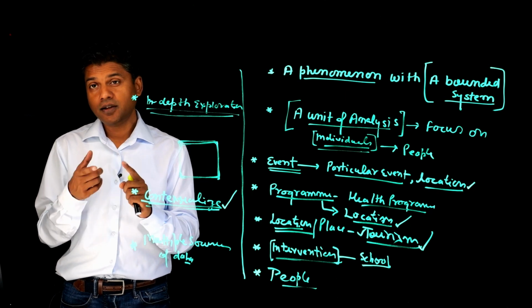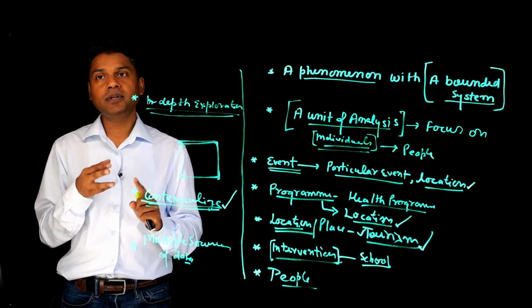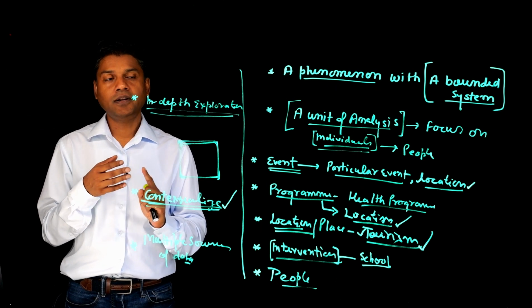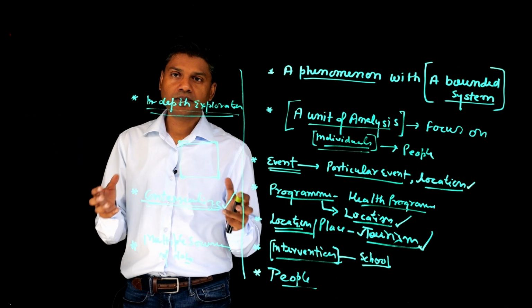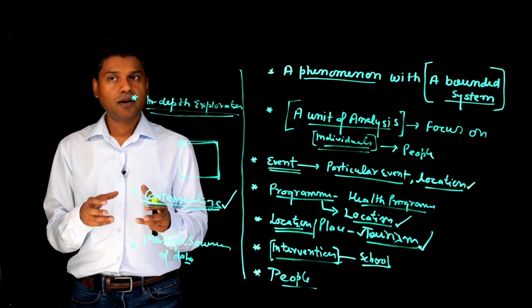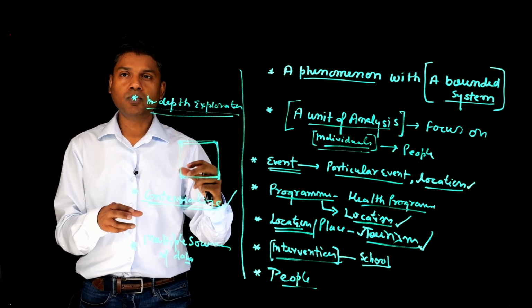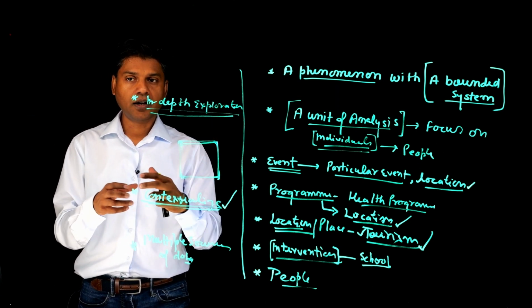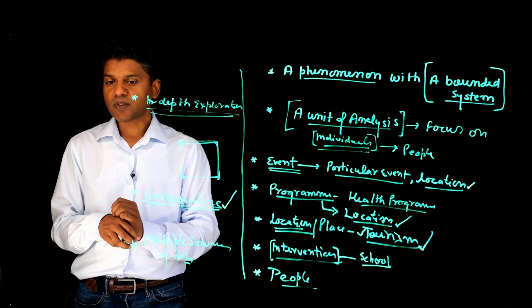It could be interviews, documents, observation, or artifacts. These different sources help you develop an in-depth exploration as well as more contextual data around the phenomenon that you are investigating.